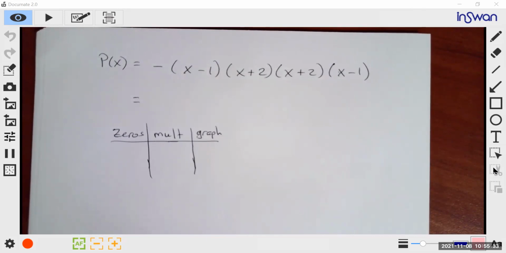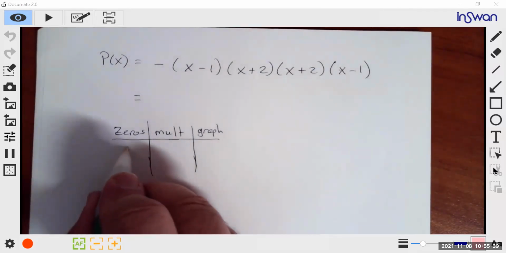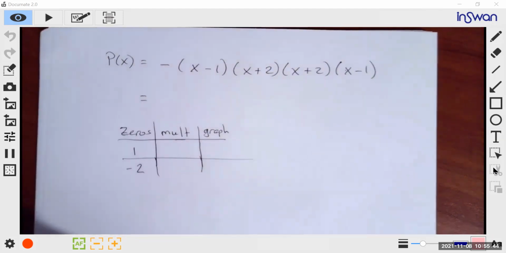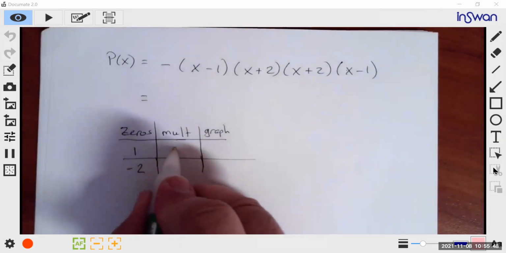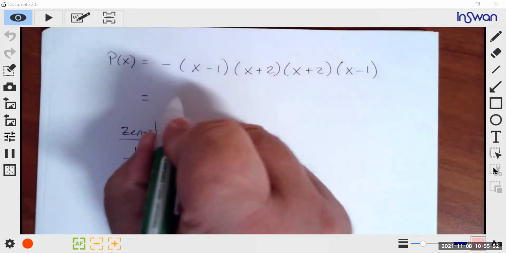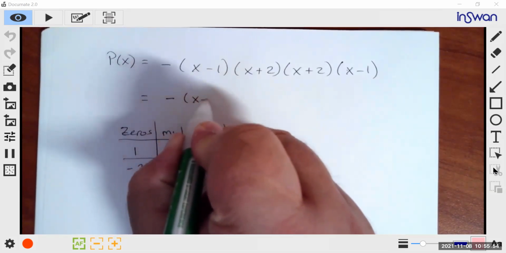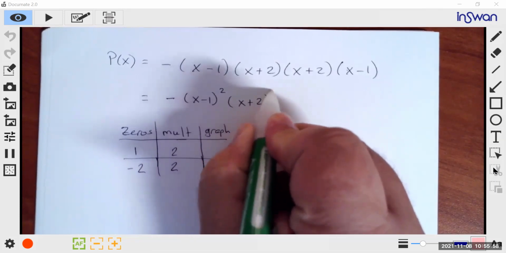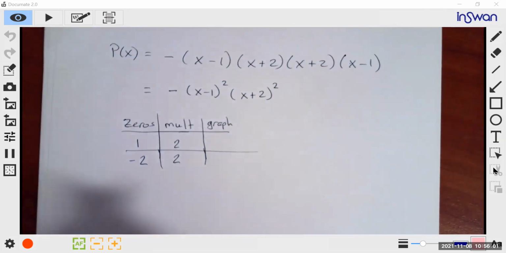So what are my zeros? What are the multiplicities? They're both 2. The equation can be rewritten this way. x minus 1 squared, x plus 2 squared. So the multiplicity.